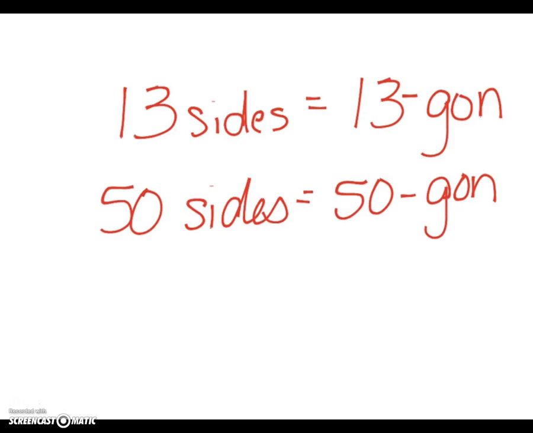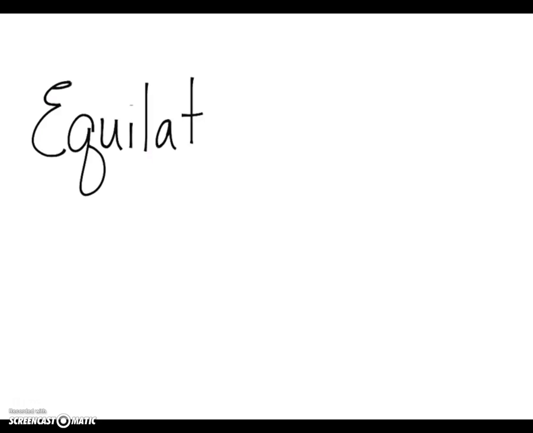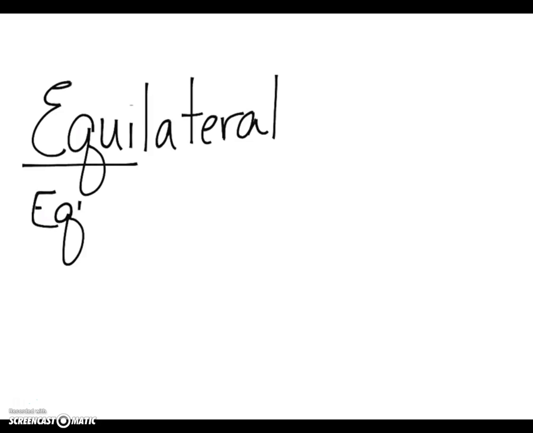We have 2 more things we're going to look at with these. The first is going to be if we're talking about something that is equilateral. If we break this down, equi means equal, okay, and lateral means sides.